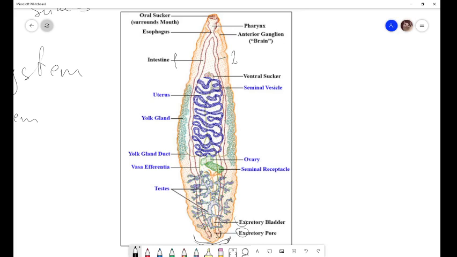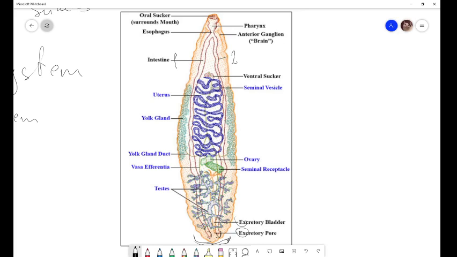Okay, and the genital system of most organisms of class Trematoda has a male system and a female system inside one organism.